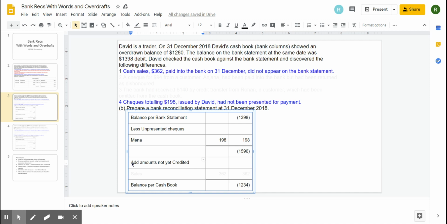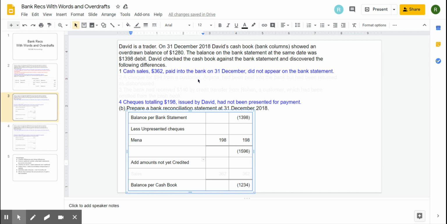So anything that we think should have gone into the bank, but because of timing differences hasn't yet appeared, would go as an addition to the amount of money in the bank, because we will be increasing how much money we can get out of the bank when we pay some money in. And here we only have one, which is the cash sales that were paid in on the 31st of December.